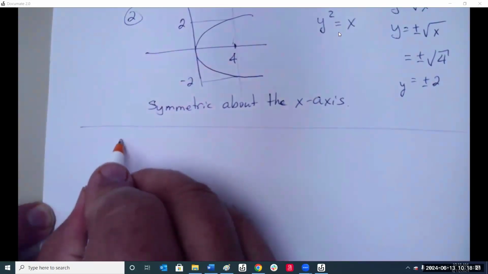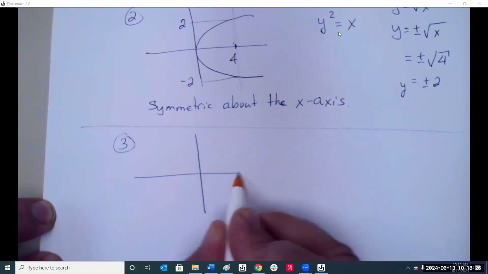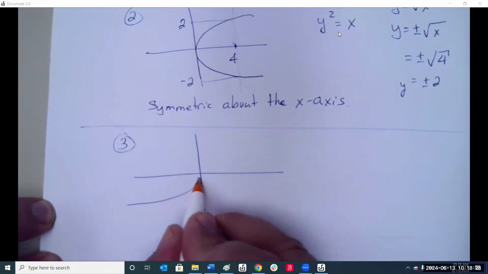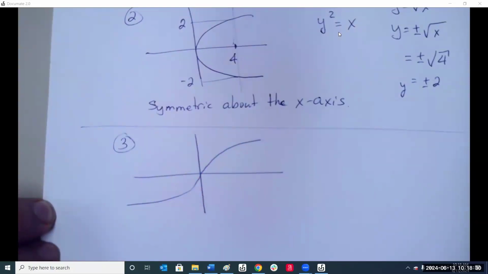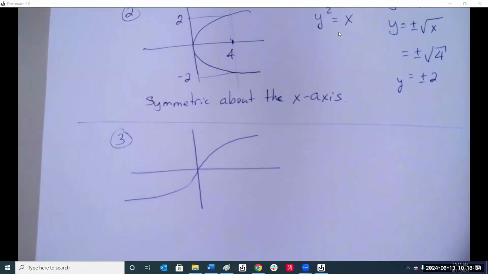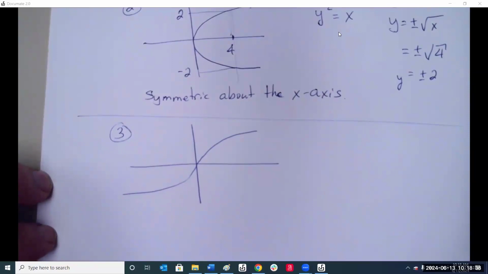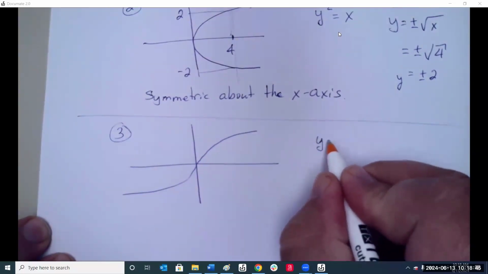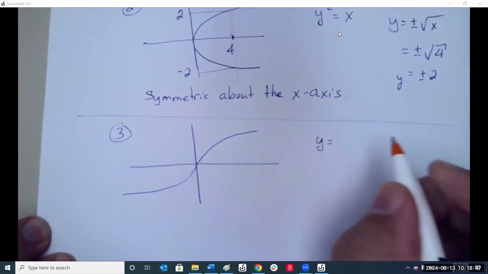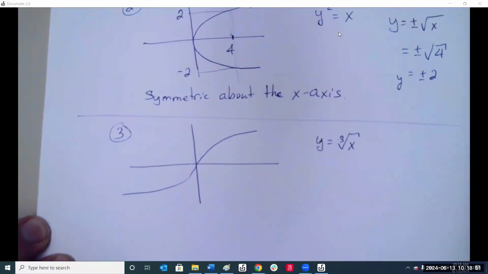And then we have functions that look like this. This function is the cube root of x.